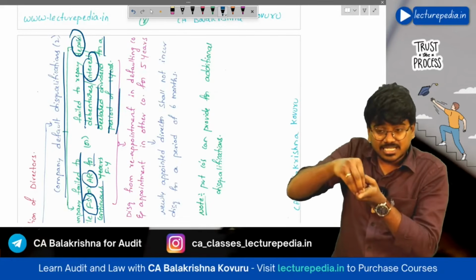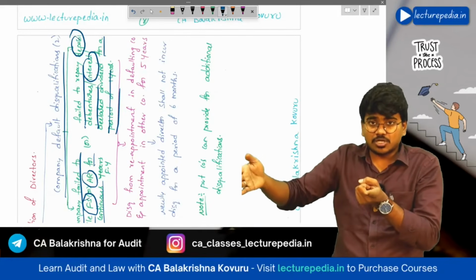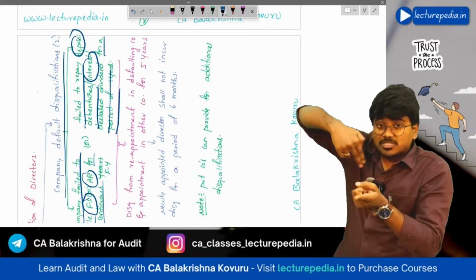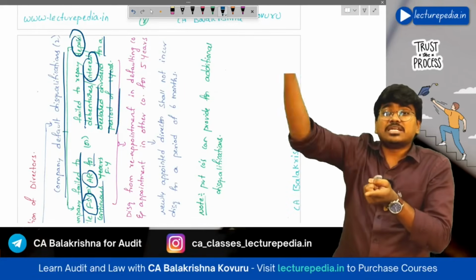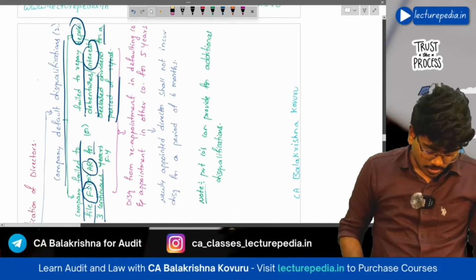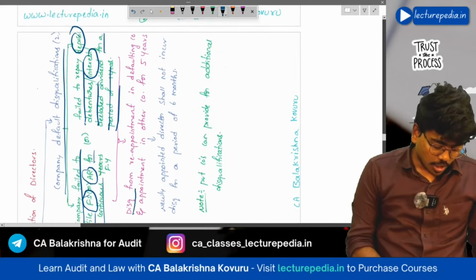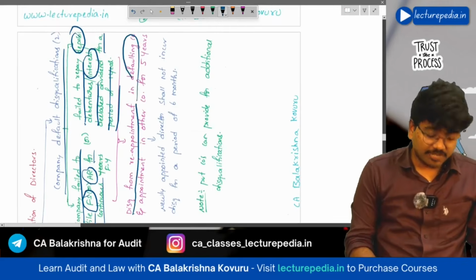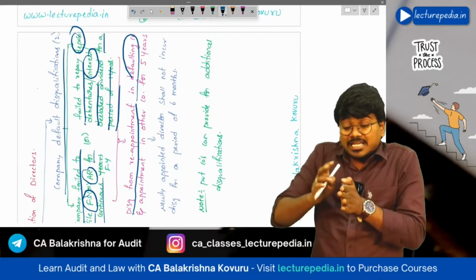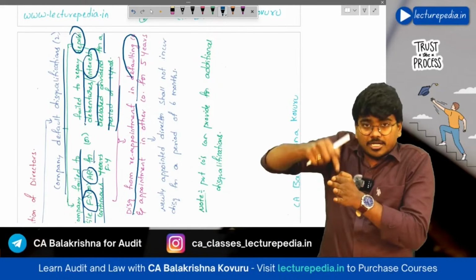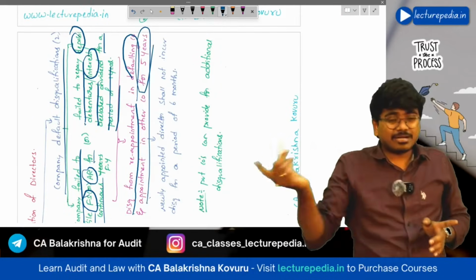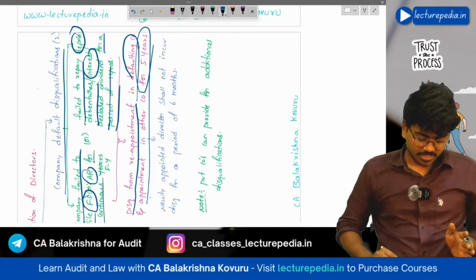Hope that is clear. The same I have given here: disqualified from reappointment in the defaulting company and appointment in other companies for a period of 5 years.